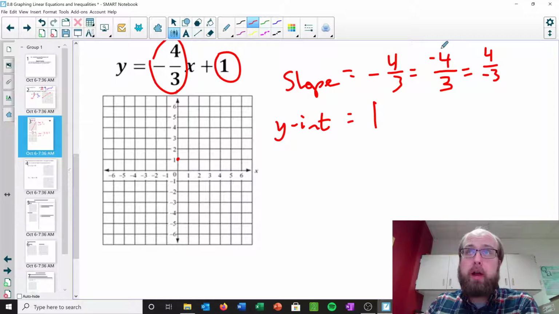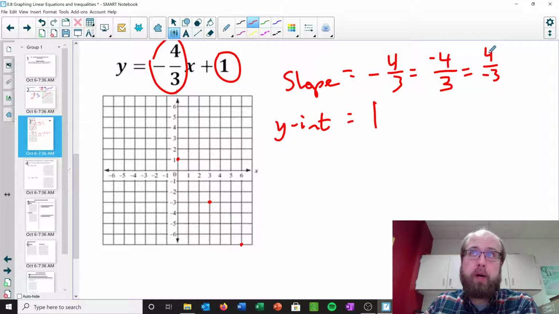If we did negative 4 over positive 3, that would be down 4 and to the right 3. So from our y-intercept, we go down 4 and to the right 3. That's one way we could do it. The other way is positive 4 over negative 3, which would be up 4 and left 3.